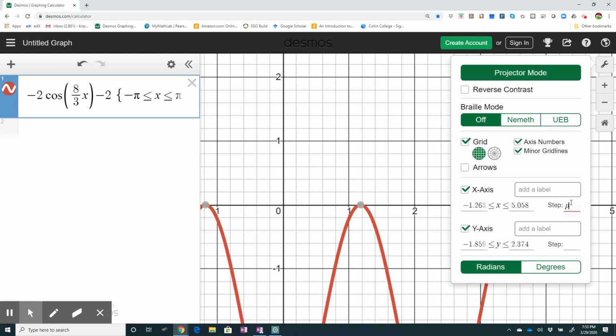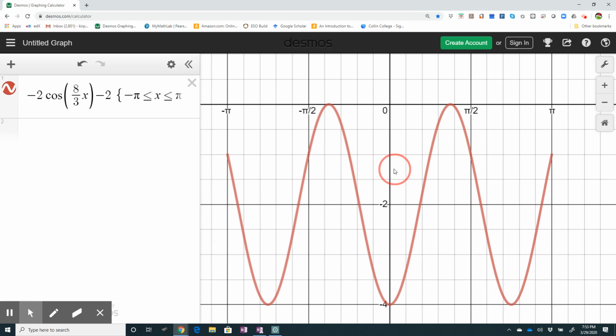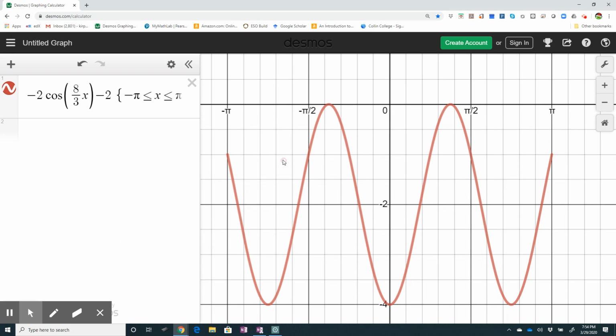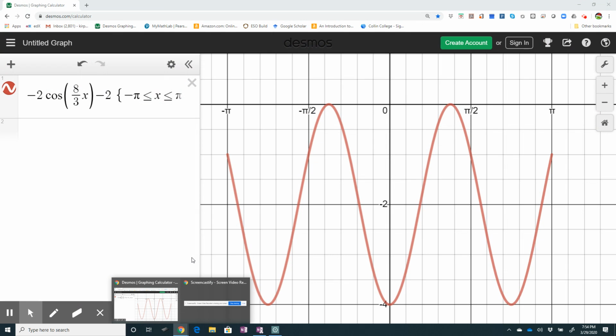Let's go by pi. There we go. And so that should be a good representation of our graph. Oh, what did I do wrong? Negative, was it -2? Cosine 8/3 x.